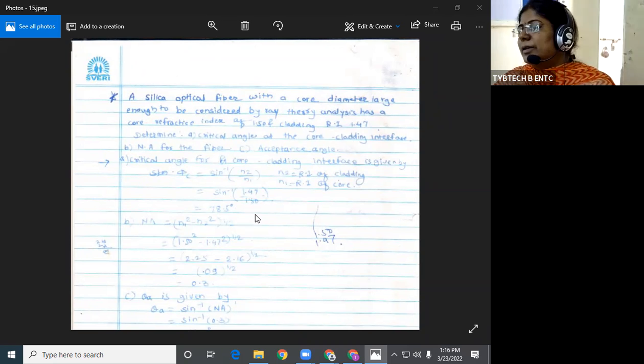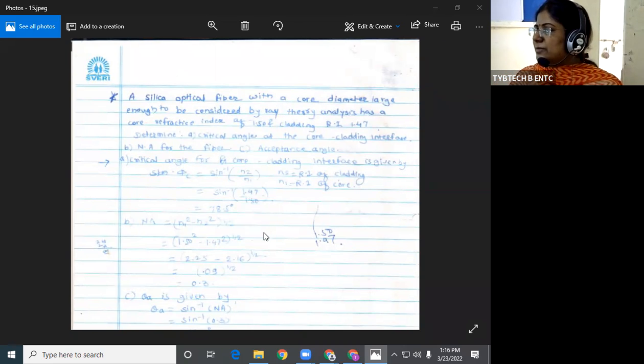One more point. When you solve numericals in the exam, you have to solve them stepwise, otherwise you will not get the total marks. For example, if 4 marks are there for this numerical and you directly write the formula and solve it, you will not get full marks. First, write systematically the given data, for example cladding refractive index and core refractive index.